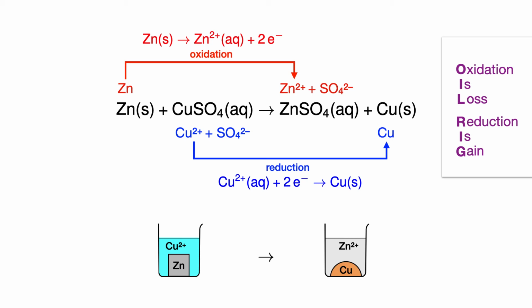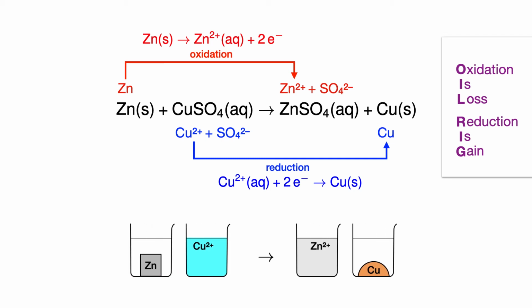For example, you could imagine splitting up the solid zinc from the solution of copper ions into 2 separate beakers, and you can make the reaction go by connecting the compartment with zinc with a wire to the compartment containing copper.